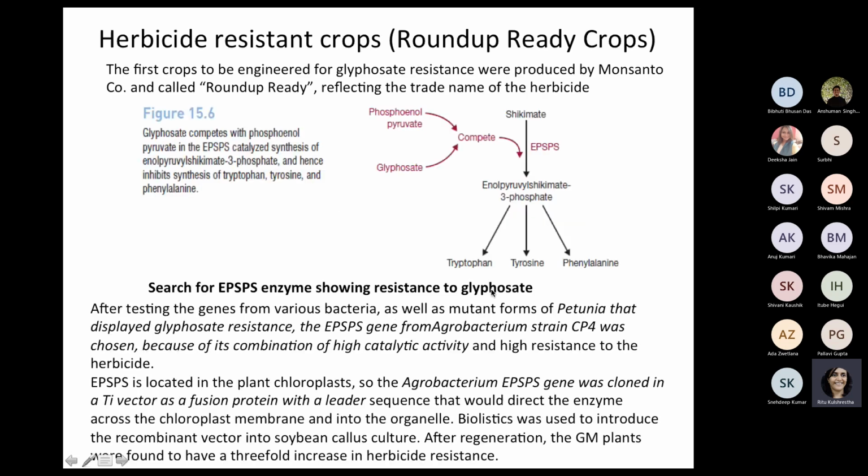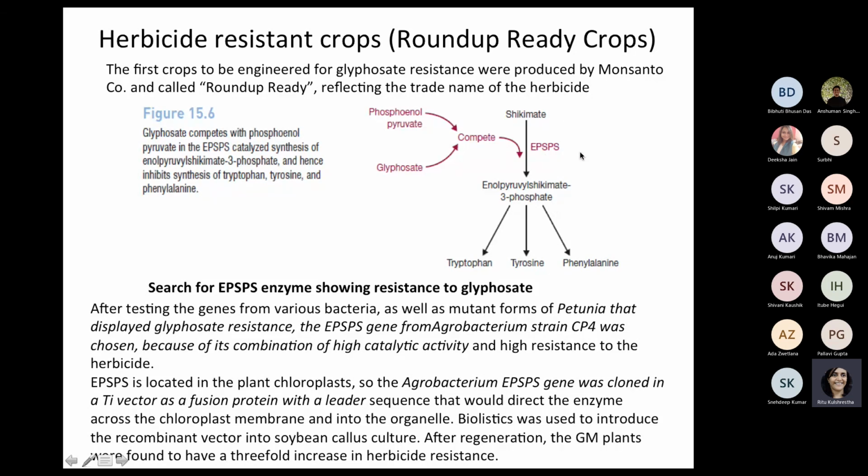The herbicide that I'm talking about in this case is glyphosate. Okay. So first let me tell you this particular pathway, and then I'll tell you how glyphosate affects it. Shikimate is converted to this particular compound, enol pyruvyl shikimate phosphate, by the action of an enzyme called EPSPS.